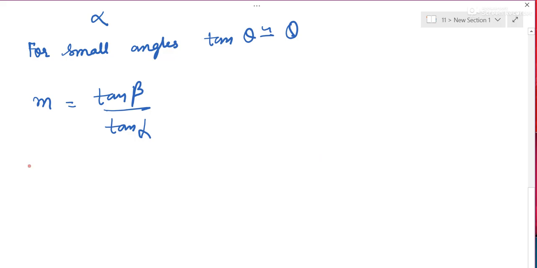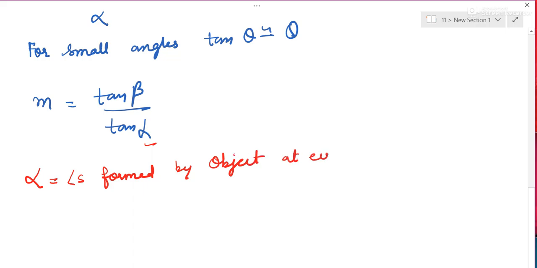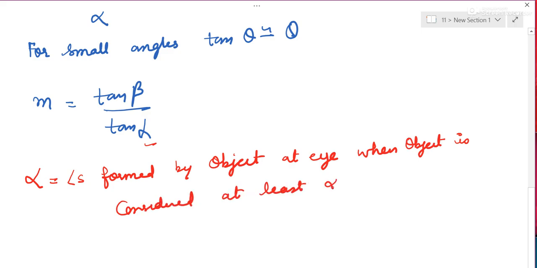See, first of all, alpha is the lower one. The lower one is the angle formed by the object at the eye when the object is considered at the least distance of distinct vision.